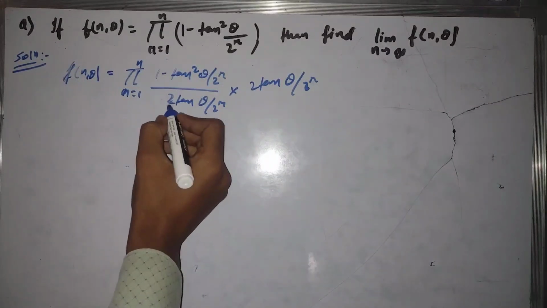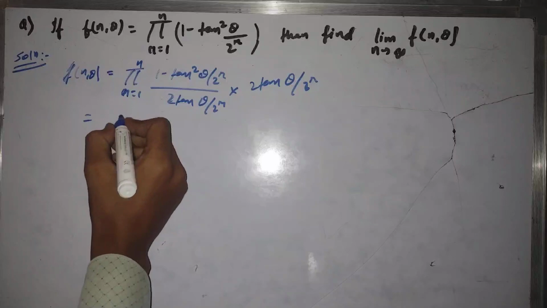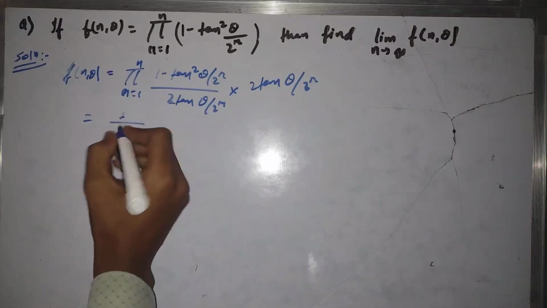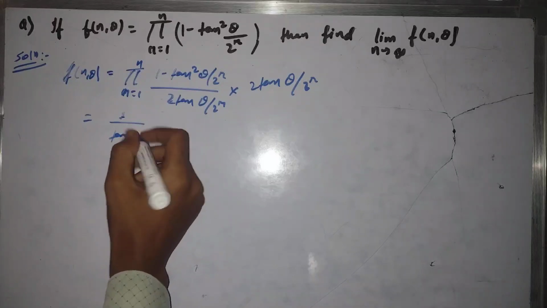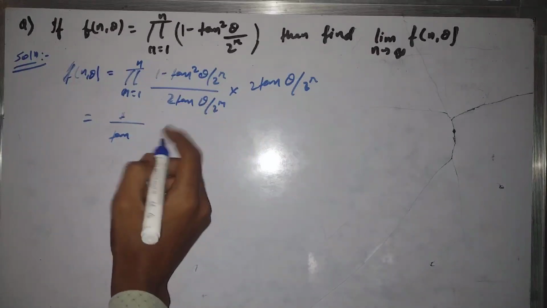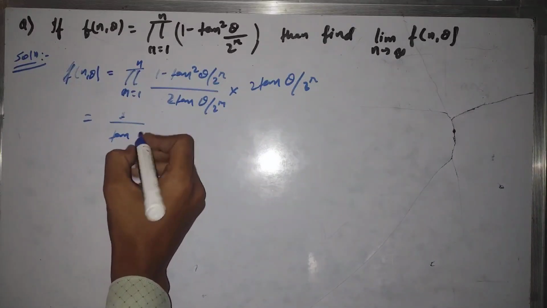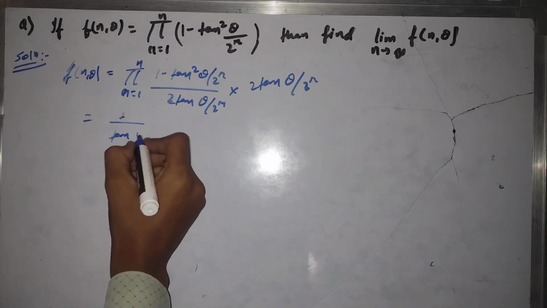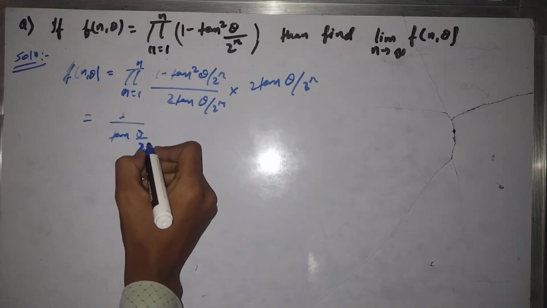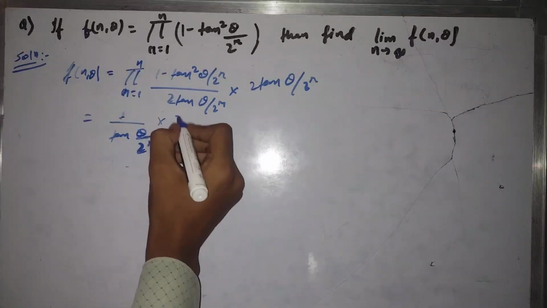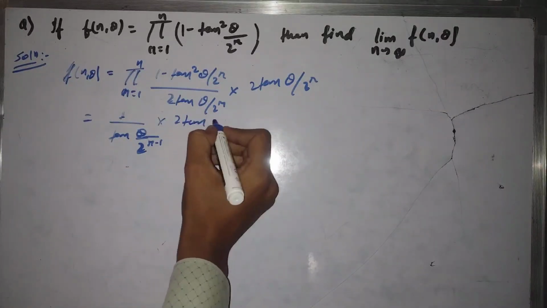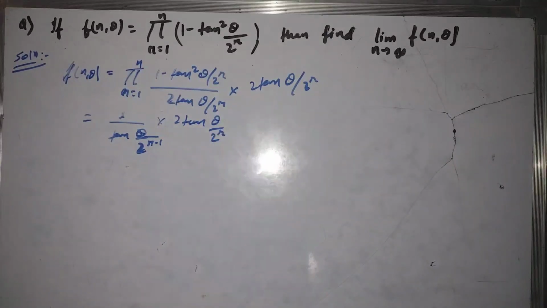So we can write this thing as 1 upon tan 2 theta, and if theta is this, then 2 theta would be tan theta upon 2 to the power r minus 1. And here we have 2 into tan theta upon 2 to the power r.